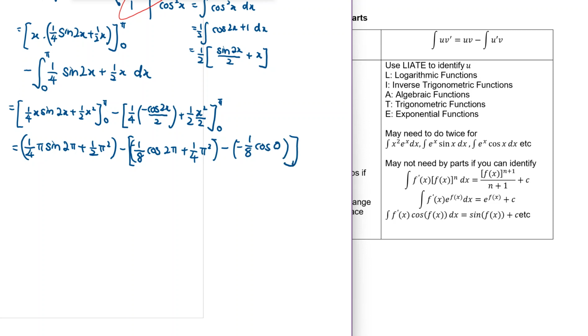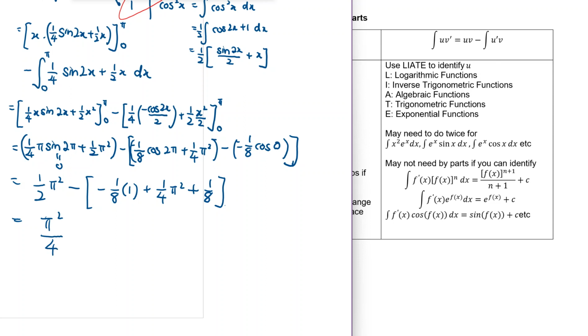Yes, cosine 2 pi is actually equal to 0 if you visualize the graph well. Then you're just going to be left with half pi square. Minus, cosine 2 pi is going to be equal to 1, so it's going to be quite tricky over here: negative 1/8 times 1 plus 1/4 pi square plus, cosine 0 is 1/8. That will actually give me 0 again. Yeah, over there, my final answer is pi square over 4. Because this and this give 0, and then you can work it out.